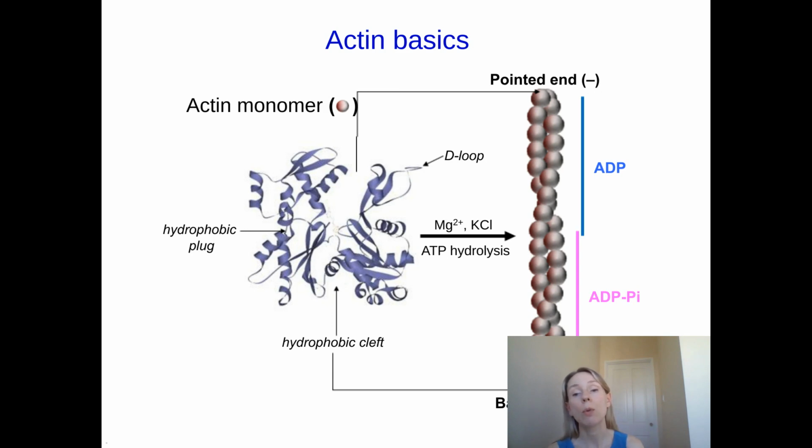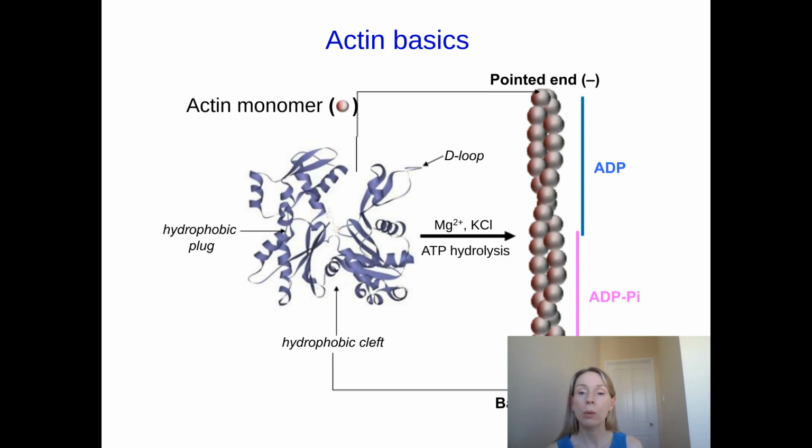As this monomer transitions into a polymer, ATP hydrolyzes to ADP and inorganic phosphate. What is interesting is that this inorganic phosphate is not released from the filament right away. It is temporarily entrapped in the filament structure.